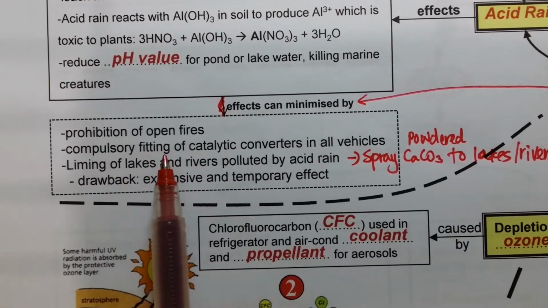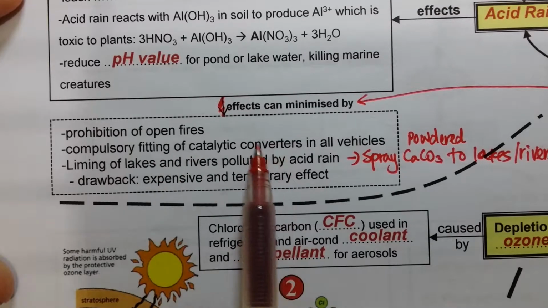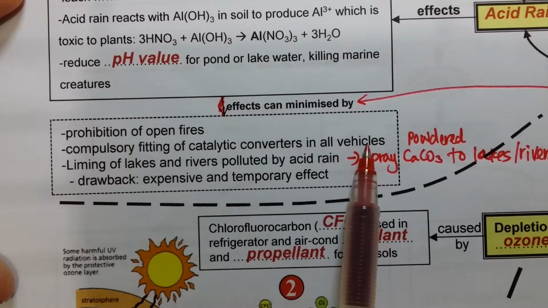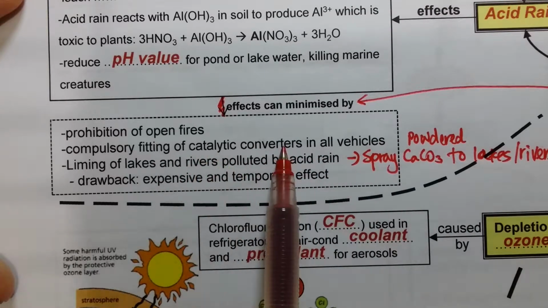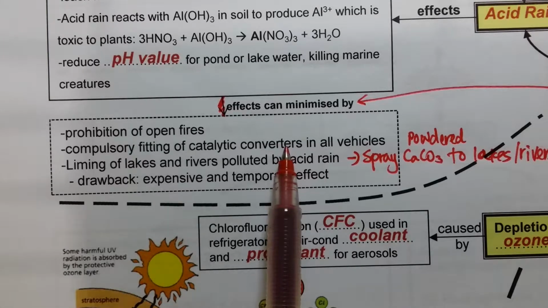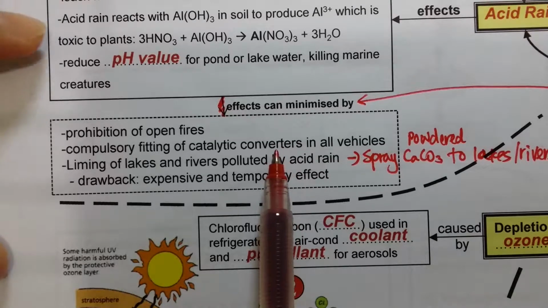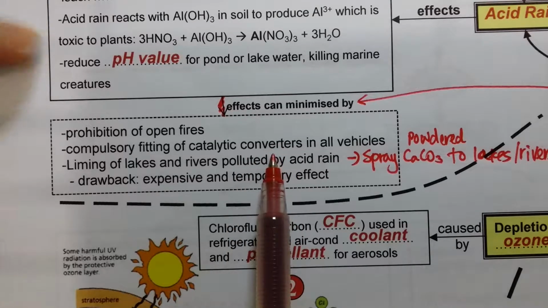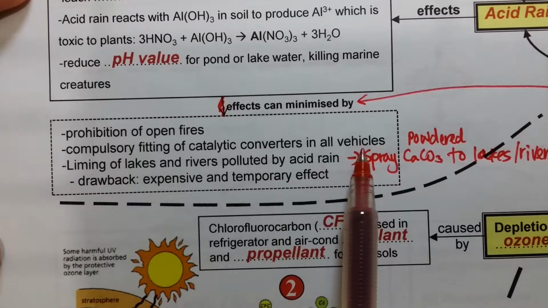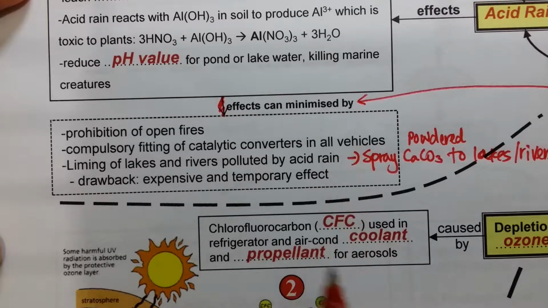Also, we have to make compulsory the fitting of catalytic converters in all vehicles. These catalytic converters basically turn pollutants into something not harmful. Later in the next page of the mind map, we'll look at this catalytic converter. What is happening inside? It is fitted in the engine of the vehicles.